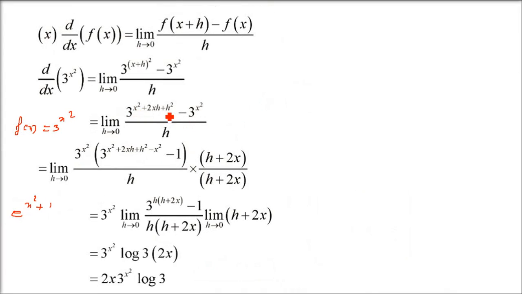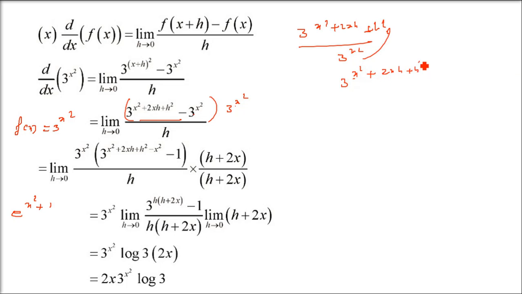Now 3 raised to x square you can just take common. When you take 3 raised to x square common, I'll just show you here. Here 1 will remain, minus 1, and from here the exponent becomes x square plus 2xh plus h square minus x square.